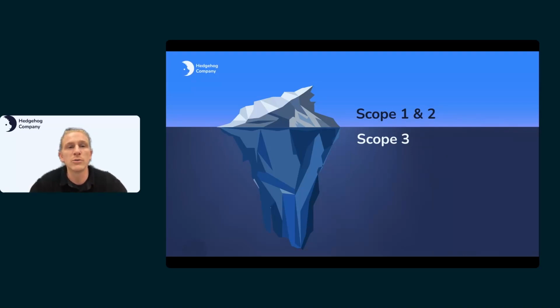Only when we're looking at really energy intensive organizations, for example a steel manufacturer in the west of the Netherlands, are scope 1 and 2 actually quite large. However, as mentioned, as a rule of thumb for almost all organizations, scope 3 is by far the largest, up to 80-90% of the total carbon footprint.